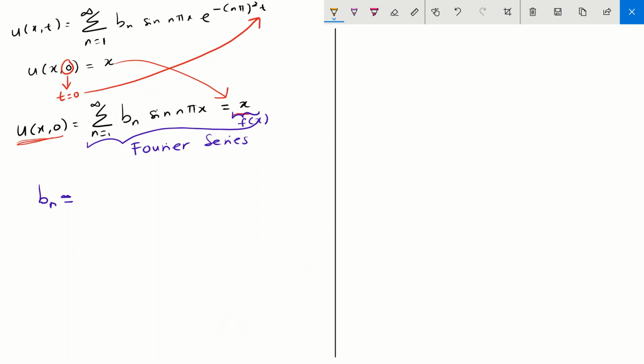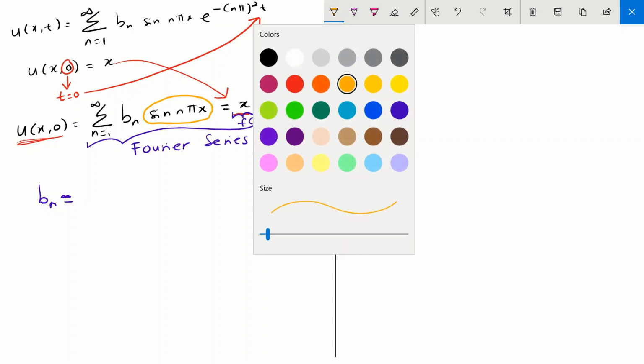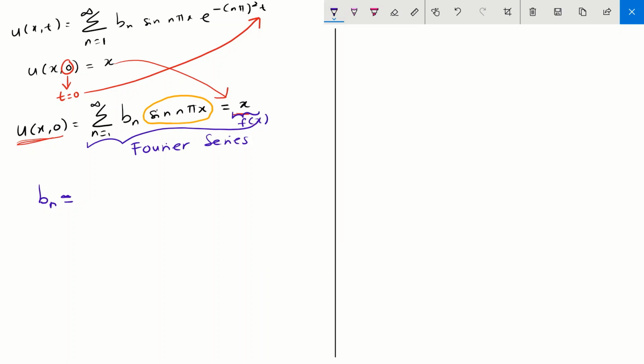Because we are solving for the coefficient in front of the sine function. The formula says bn equals 2 over L, integral from 0 to L of f(x) sine(n pi x over L) dx.